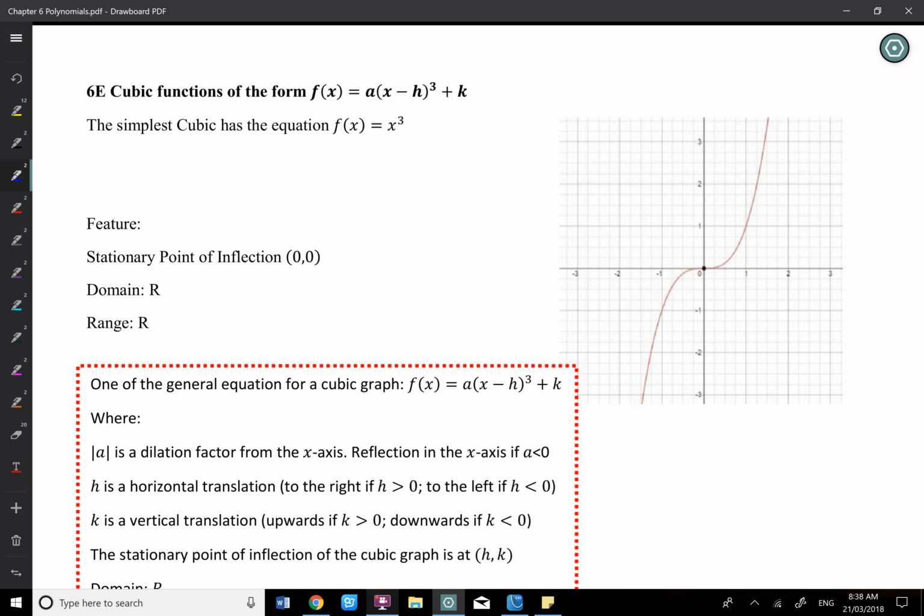Then f(x) equals 3 times (minus 1) cubed times (x plus 1) cubed plus 3/2. (a times b) cubed equals a cubed times b cubed. That's how I can make the negative 1 disappear from that bracket. Therefore we have negative 3 times (x plus 1) cubed plus 3/2. So I can see the stationary point of inflection at negative 1 and 3/2.